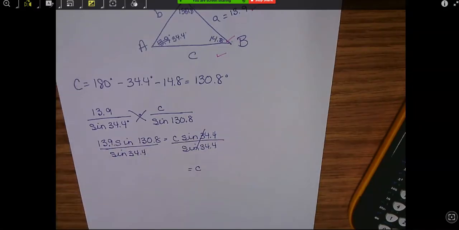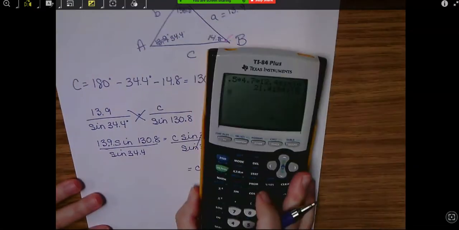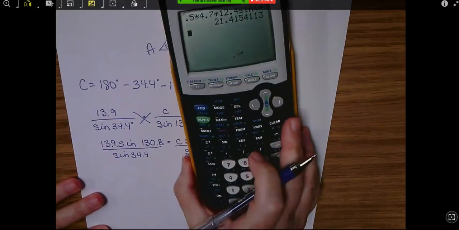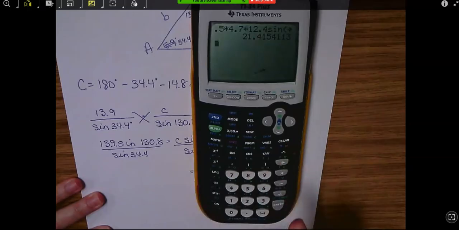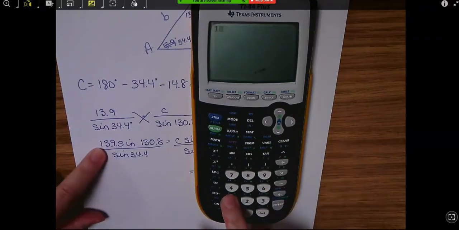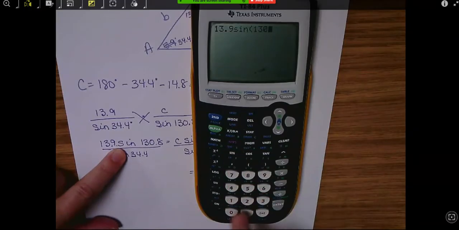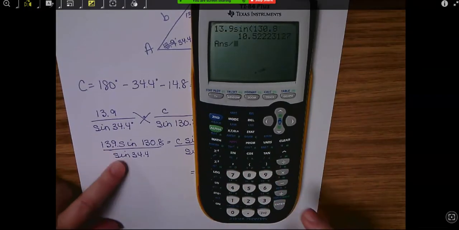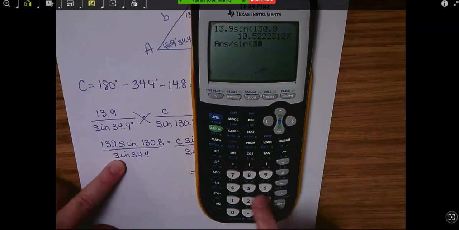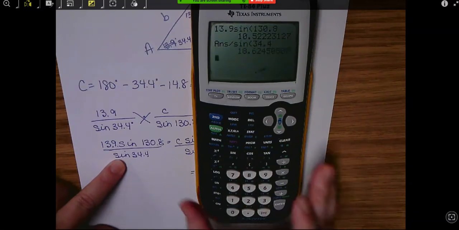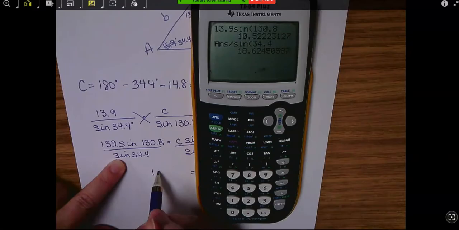Okay, so hopefully this is all looking very familiar. Okay, clear, clear, clear. 13.9 sine of 30.8. Enter. Divide sine of 34.4. And we get 18.6.